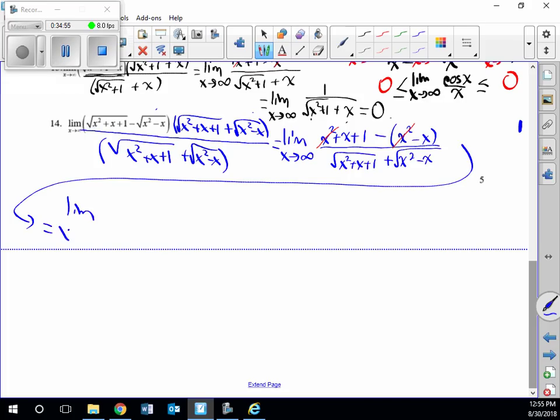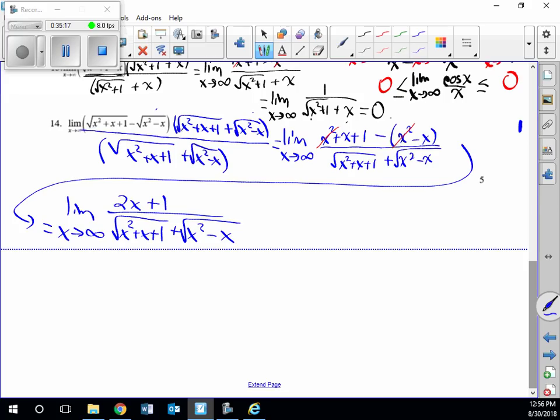Let's say the limit as x goes to infinity of what's left over in the numerator. I'm going to have two x's, and then a plus 1 plus 1. That's right. Yep. And then our denominator is the same: the square root of x squared plus x plus 1, and then plus the square root of x squared minus x.